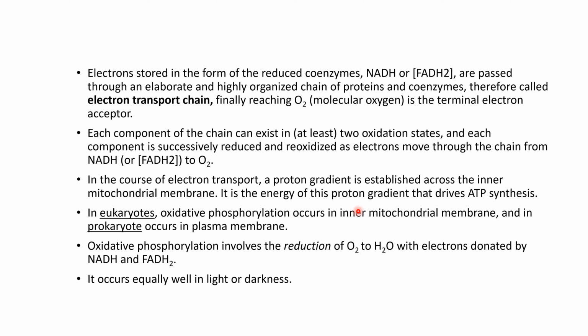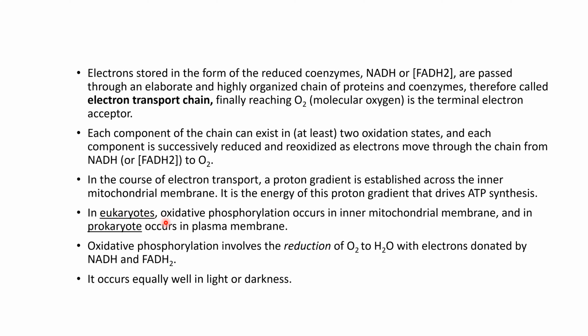It is the energy of this proton gradient that drives ATP synthesis. So this is the initial energy which is required for the synthesis of ATP, because this is an endergonic step or activity. This is coming when the proton is transferred from one side of the membrane to the other, and a gradient, a concentration difference, is established. So that is giving the energy which drives ATP synthesis.